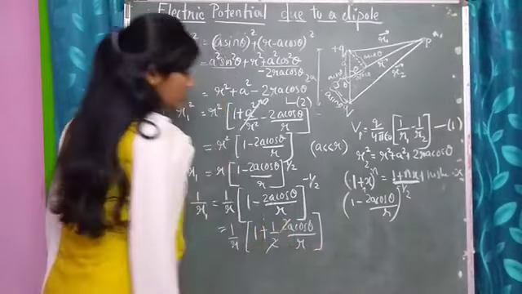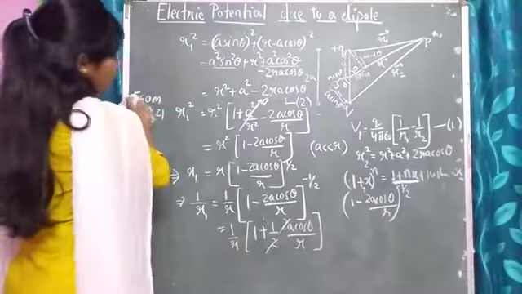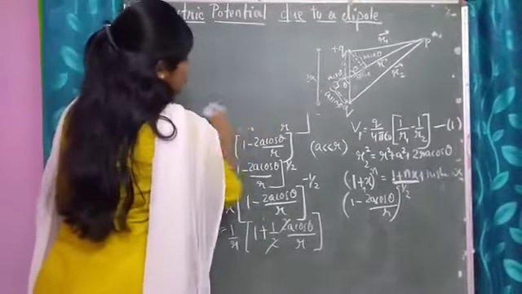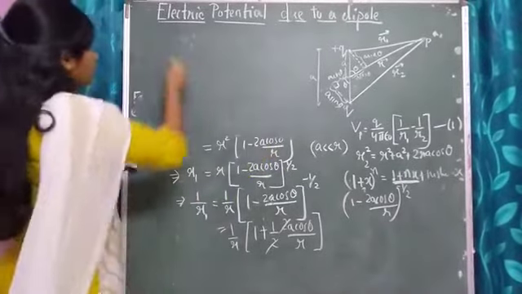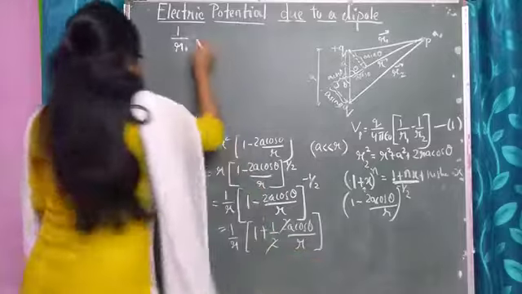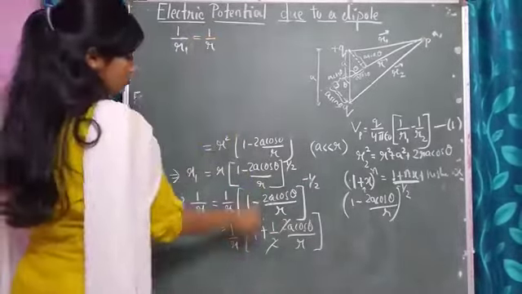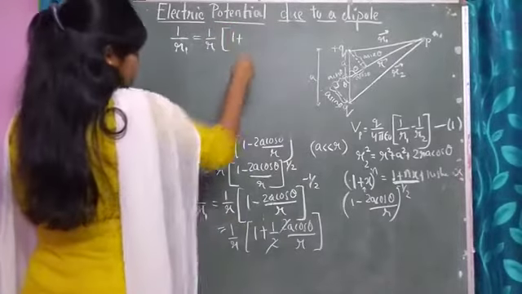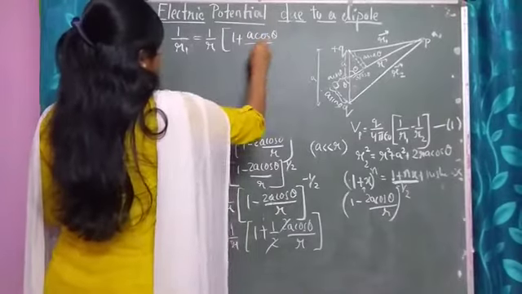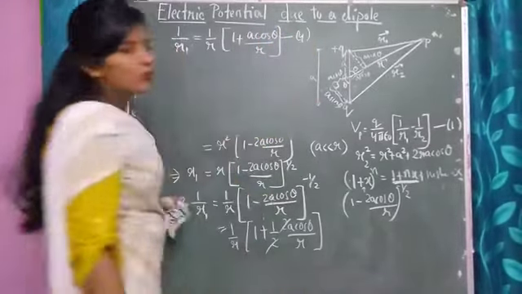So this 2 gets cancelled and 1 by r1 will be equal to 1 by r times 1 plus a cos theta by r. Let it be equation 4.